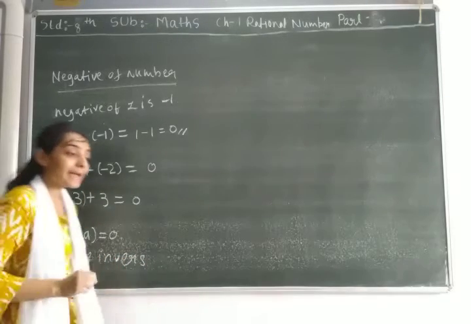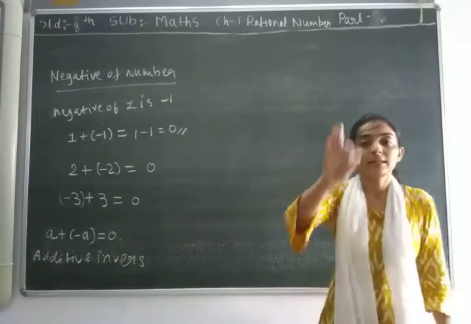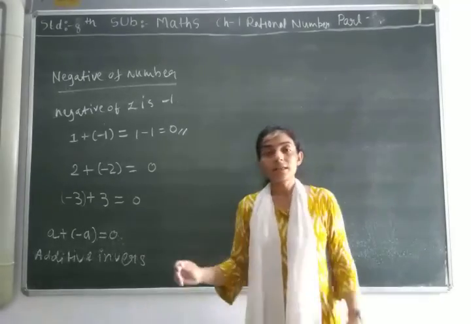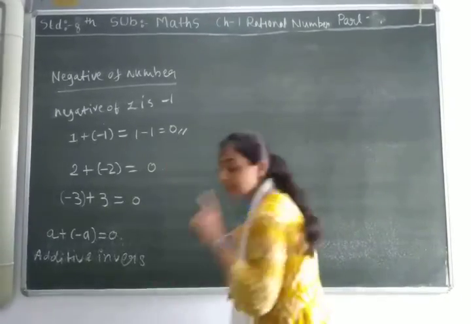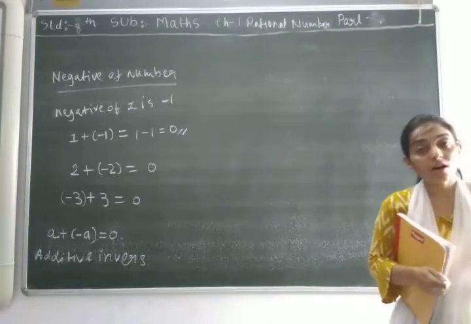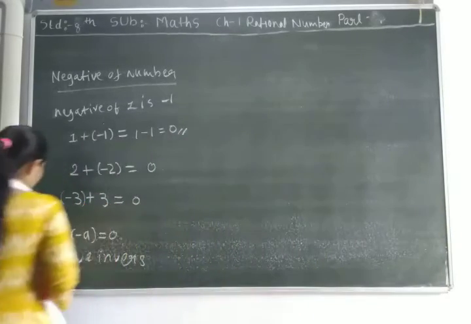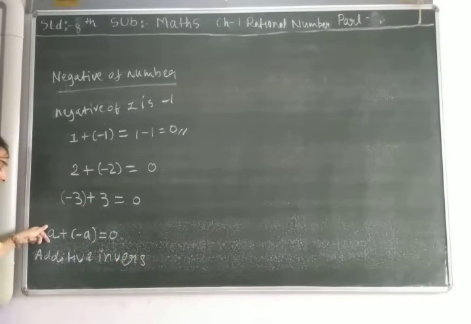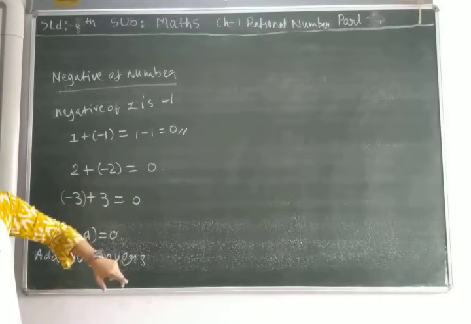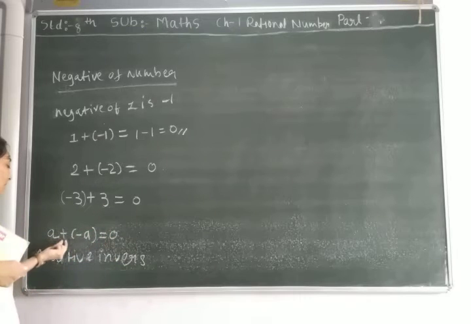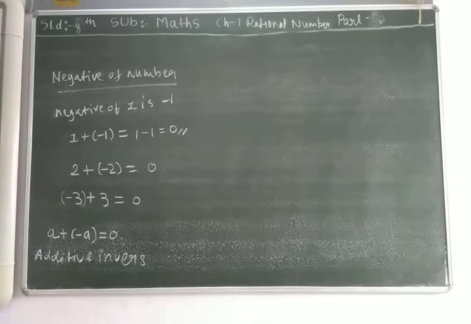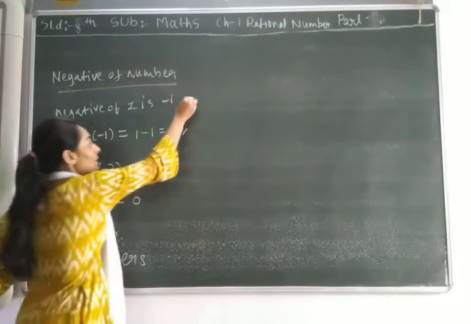In identity, I am getting that identical element, that number only. Now, in inverse, the resultant value is 0. So the additive inverse is when I take any number and the opposite of that number, the negative of that number, and afterwards I add those numbers. The resultant value should be 0. We can say that is the additive inverse of that number.